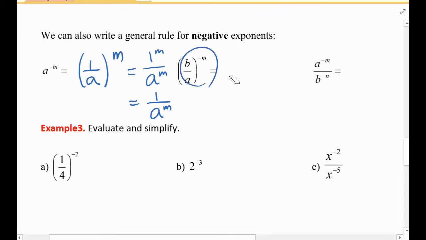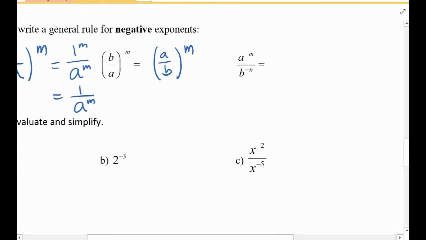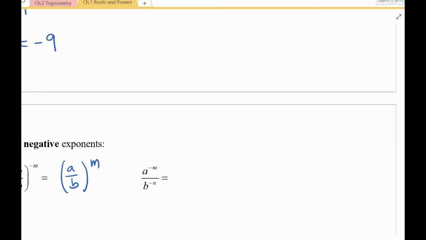Next, this one. So we have b over a. We flip the base and make the exponent positive. Flip the base and make the exponent positive. That's what you have to do. Next, I want you to look at the next one.